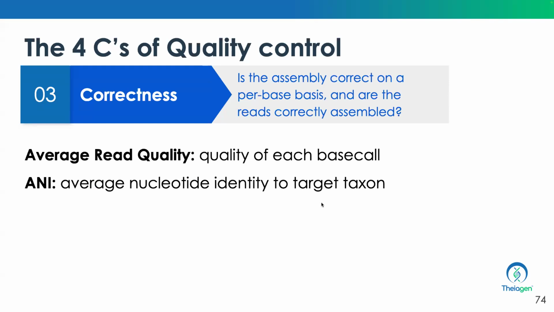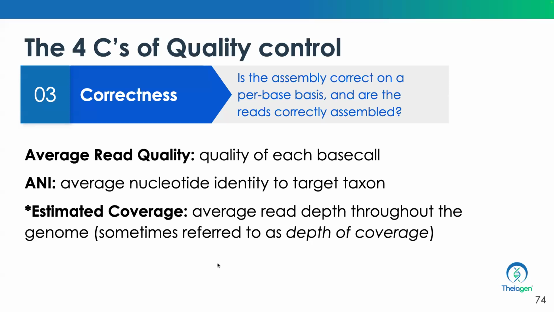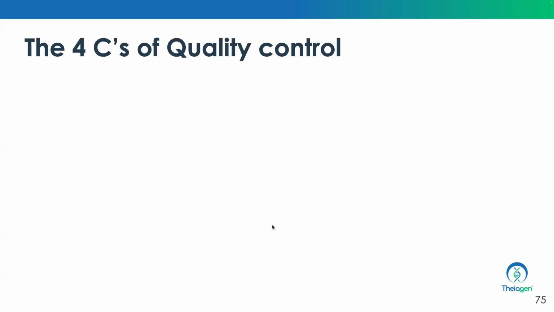So is that value 85? Is it 90? Is it 95? So obviously, the higher percent identity to your target taxon, the better. And also your estimated genome coverage. So the average read depth throughout the genome is also a good indicator of how correct it is, because the more bases that cover each position, it means that whatever you picked at that point as the consensus, you have a higher degree of confidence in what was called at that position.